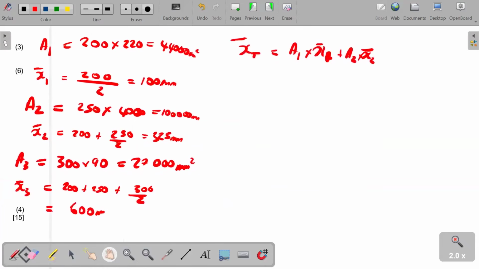Plus, what else? A3 times X bar 3 over A total.